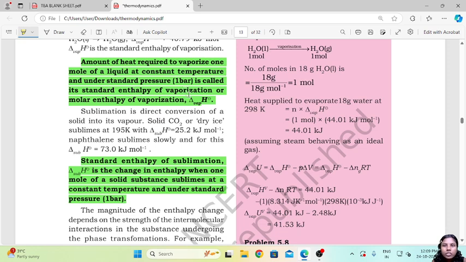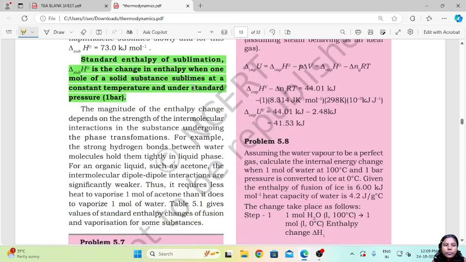What we are measuring here is the amount of heat that we would require so that we can convert 1 mole of any liquid at constant temperature, as in we are not varying the temperature at all, we are setting it at one temperature, and at a constant pressure as well, that is 1 bar. So we measure how much heat is required under these conditions so that 1 mole of liquid can get vaporized. This is known as the standard enthalpy of vaporization, or it is also called the molar enthalpy of vaporization.